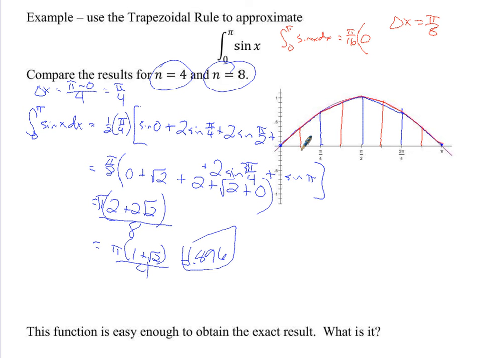Okay, yeah. So what I'm going to recommend that you do, because we have all of these terms coming up and you're going to be doing a lot of rounding if you do it one at a time, is enter all of them in at once.